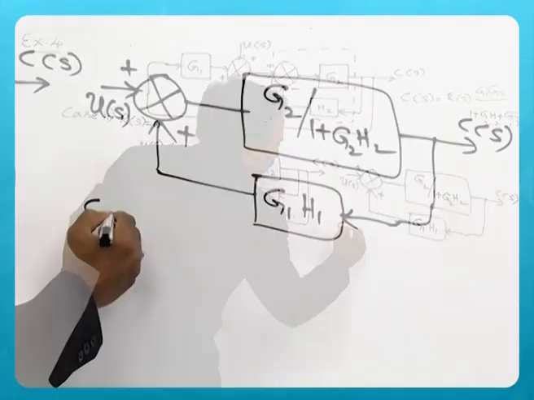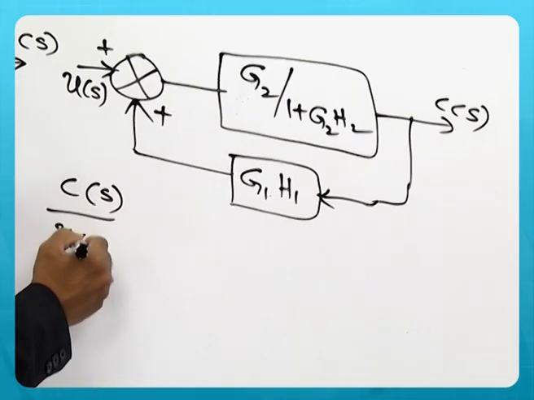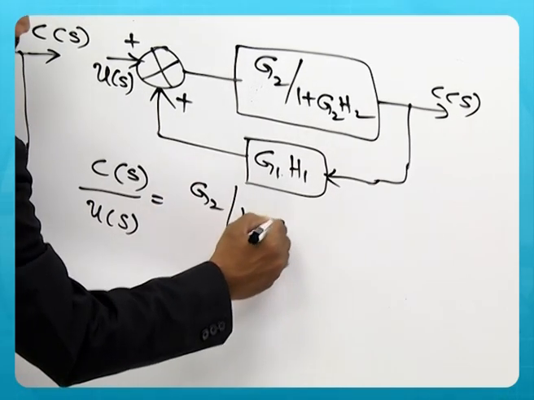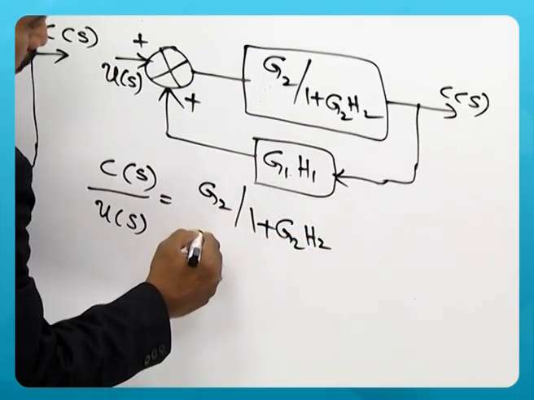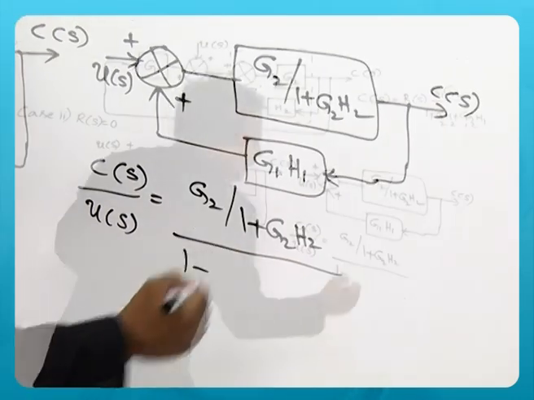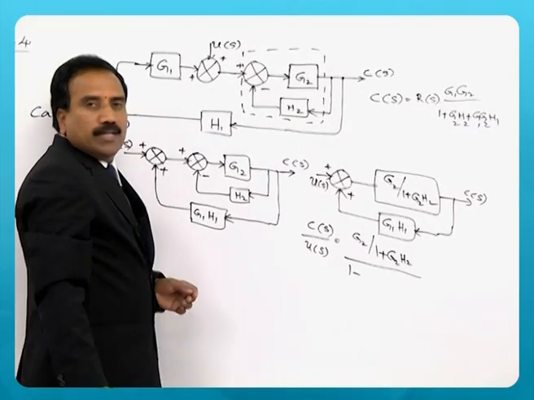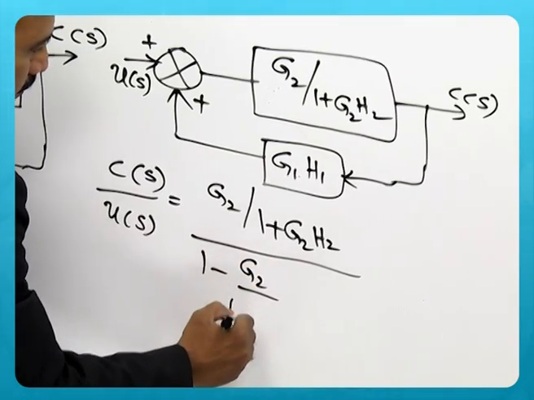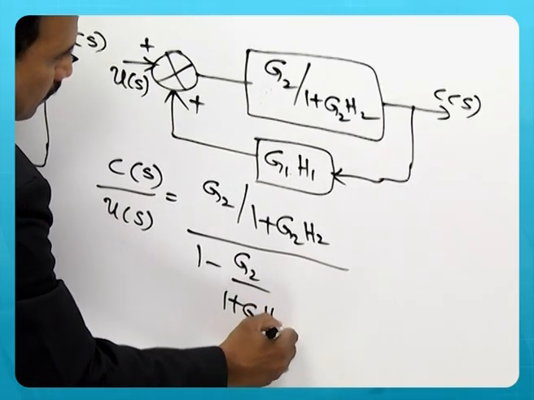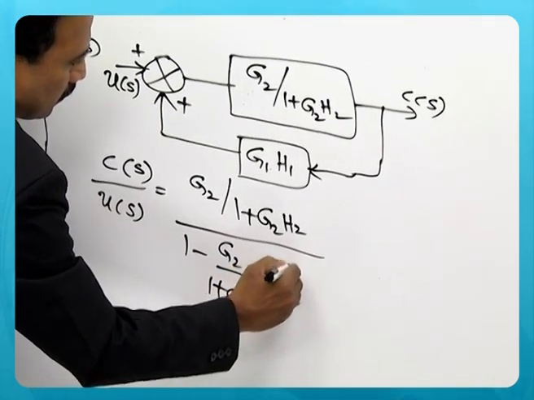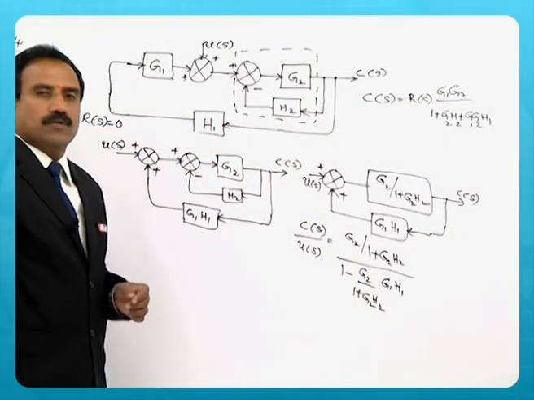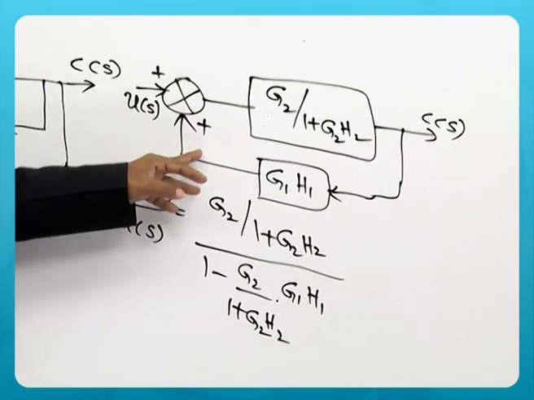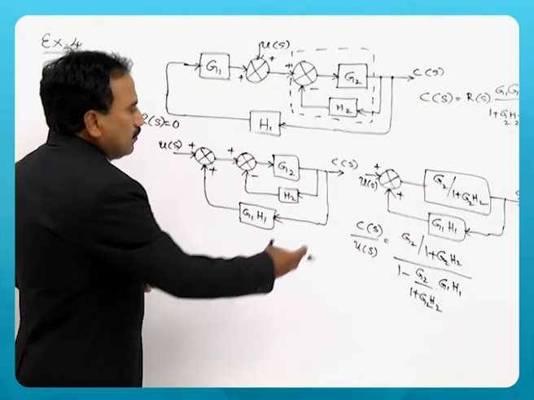So you can write now C of S by U of S is equal to G2 by 1 plus G2 H2 by 1 minus, because it is a positive feedback, 1 minus G into H. So C of S by U of S, you got this. Now because of a positive feedback, you have got a minus sign here. Now you can simplify this.